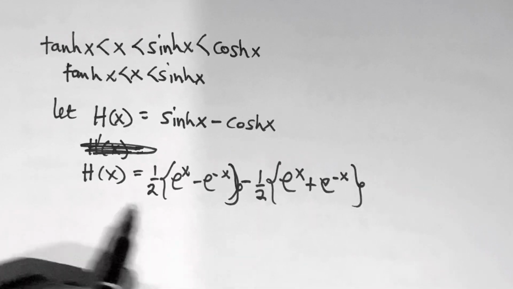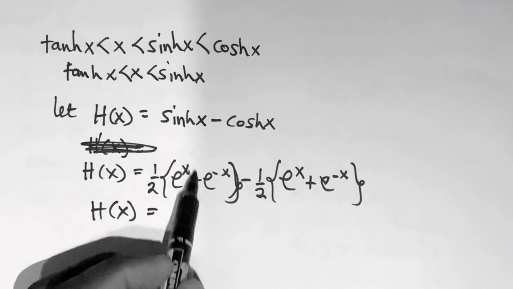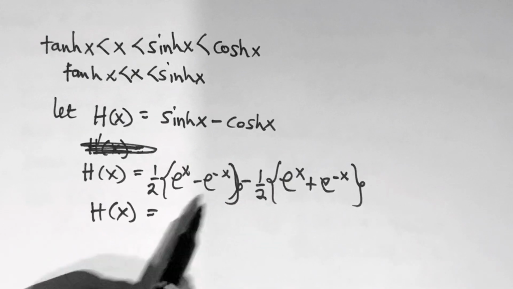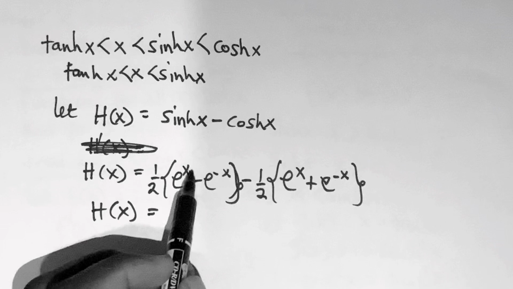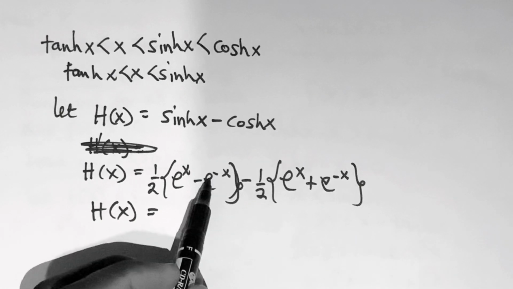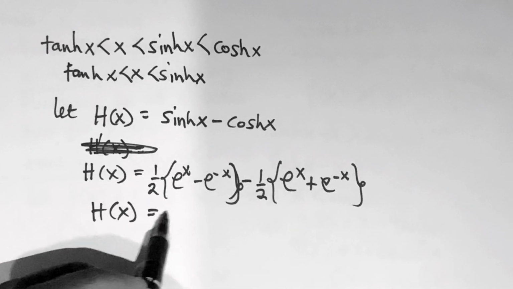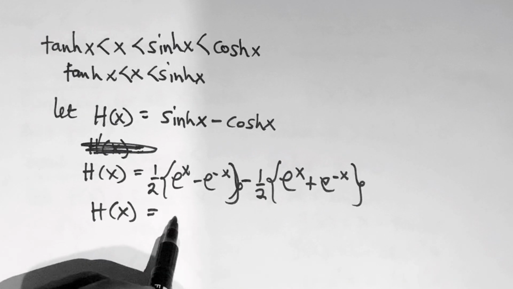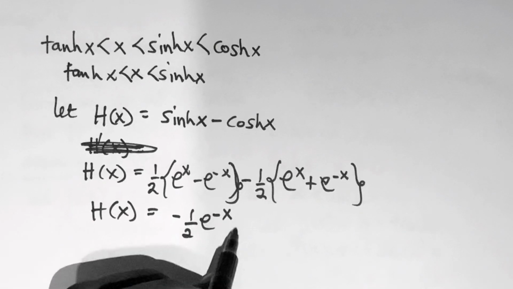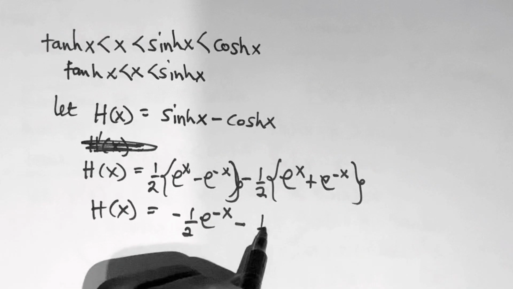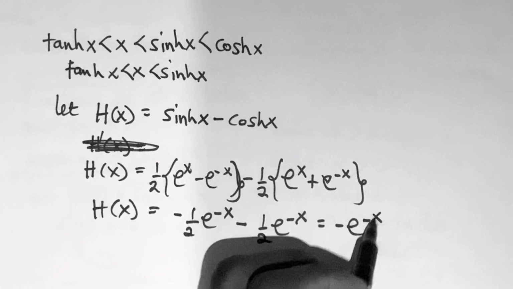So if you do this subtraction, h of x is equal to, now this is exponent x minus exponent x, is going to give us 0, and then exponent minus x. Then minus half exponent minus x, then minus half exponent minus x, and this is equal to minus exponent minus x.